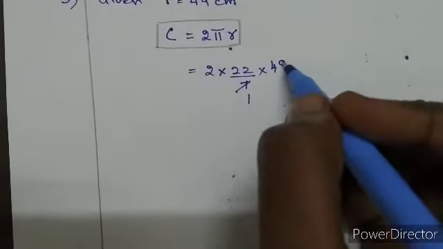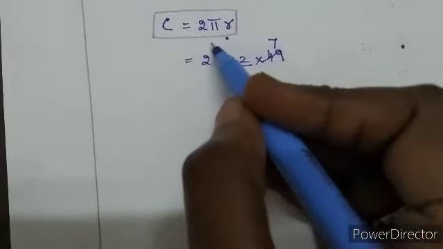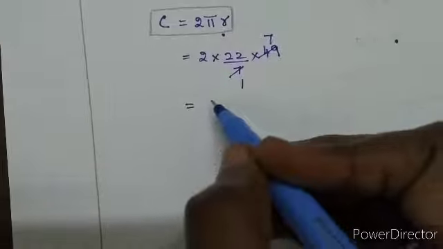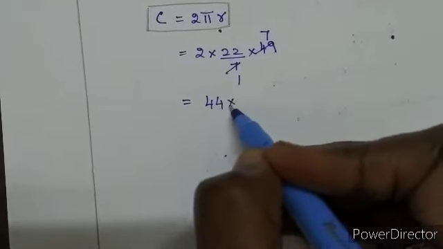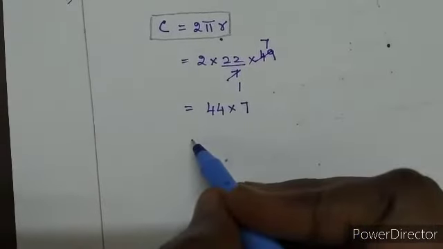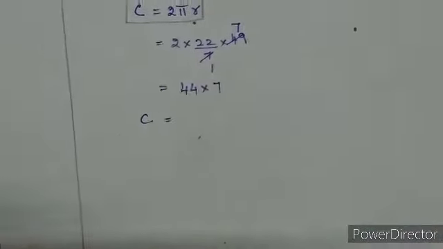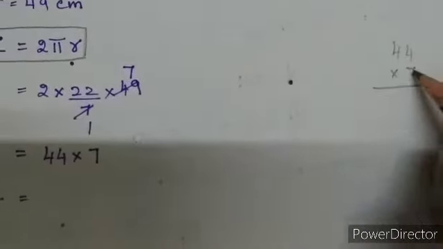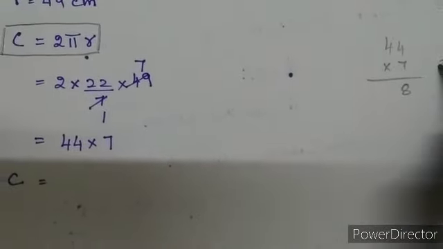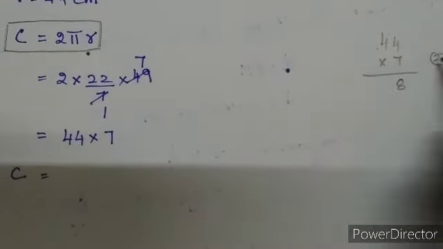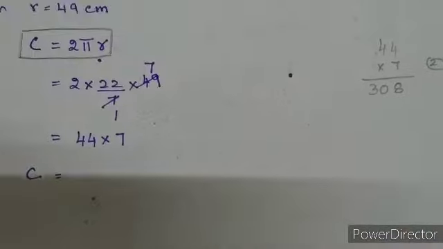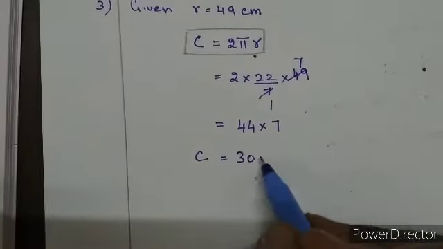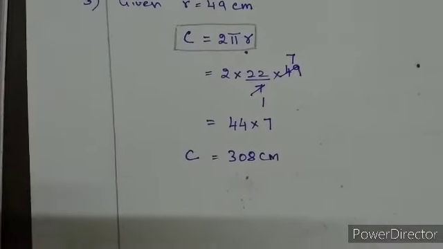7 ones are 7, 7 sevens are 49, multiply these 3 numbers. So 2 into 22 is 44, into 7. Now your circumference is 44 into 7. 7 fours are 28, carry over 2. 7 fours are 28, plus 2 is 30. So 308 centimeter.